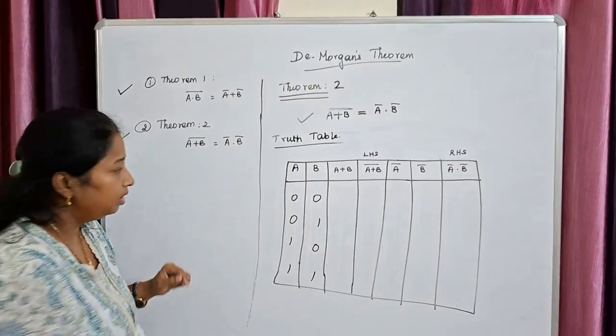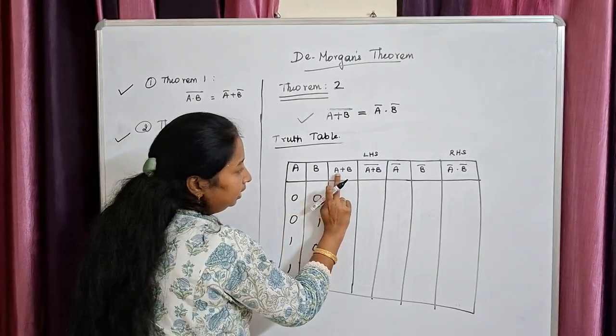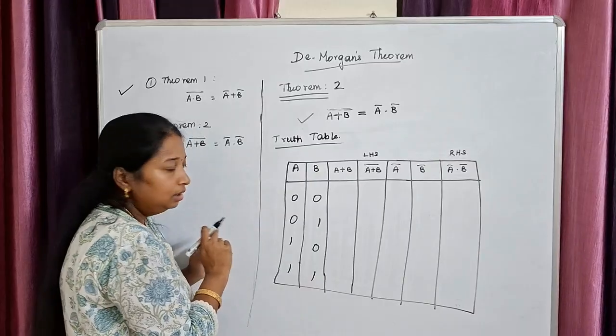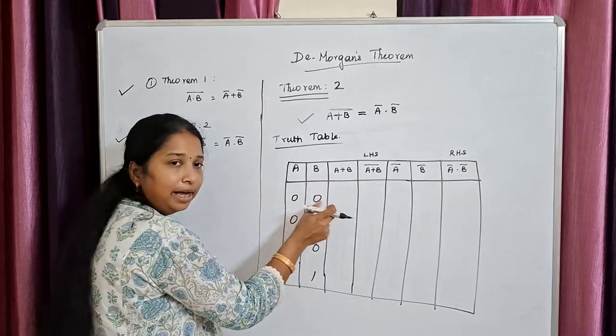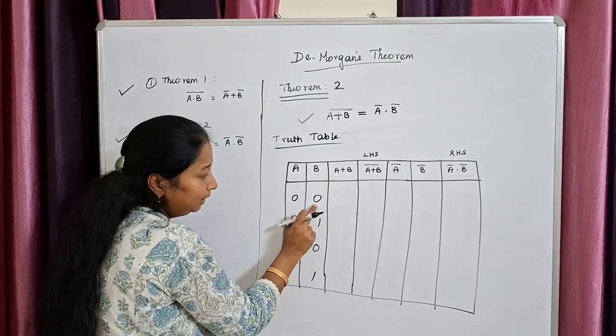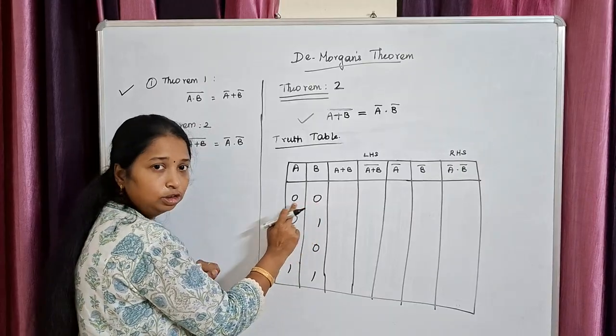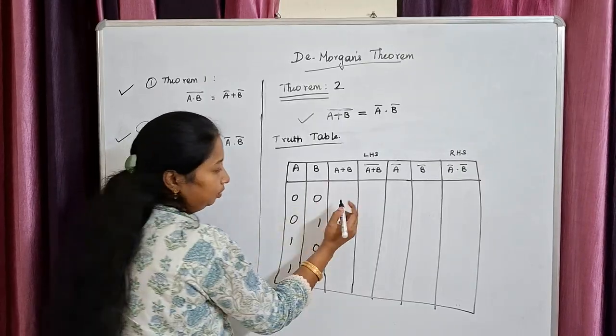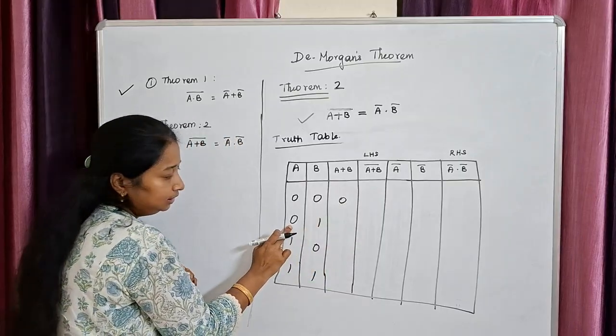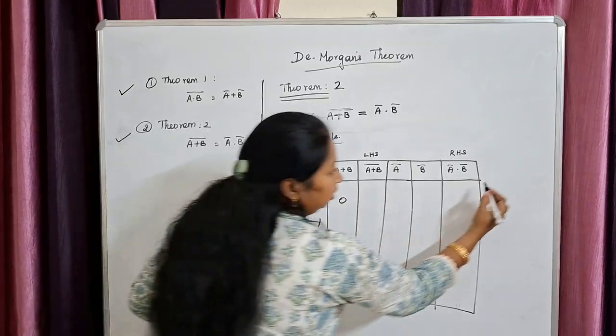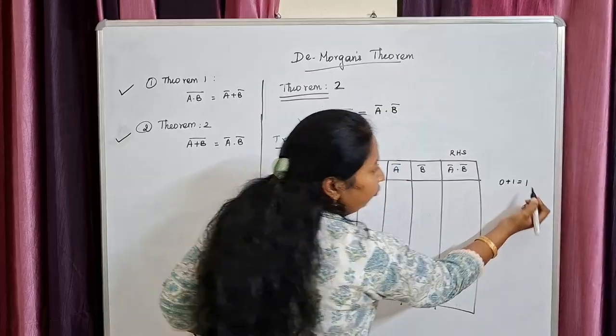Is it clear? Now, here it is A plus B. So take both the variables and do a summation. A is 0, B is 0, so 0 plus 0 is 0. Here, 0 plus 1 is 1.